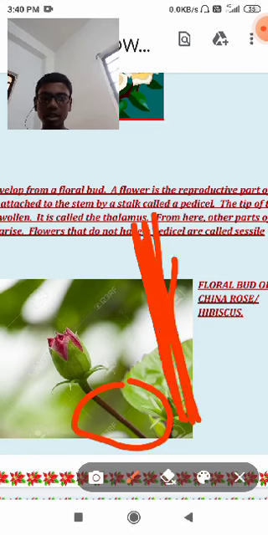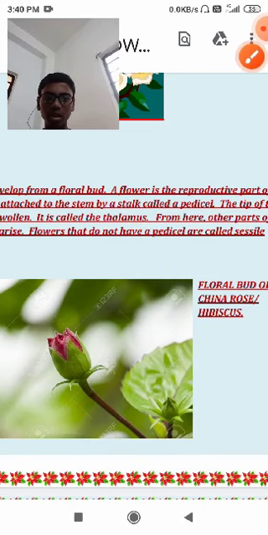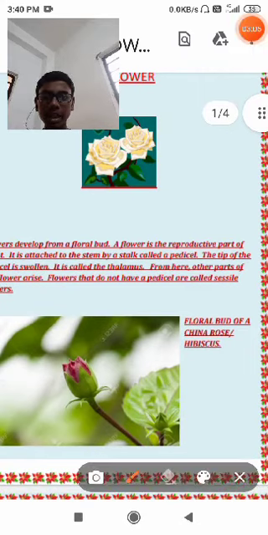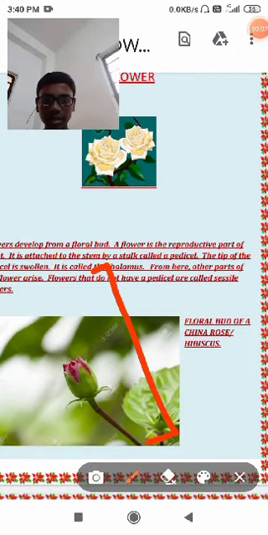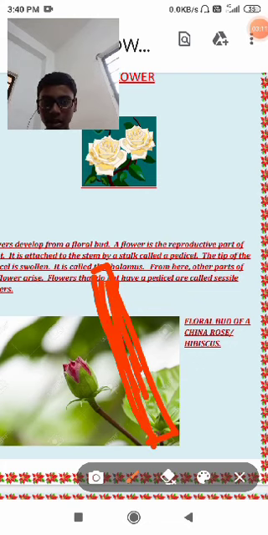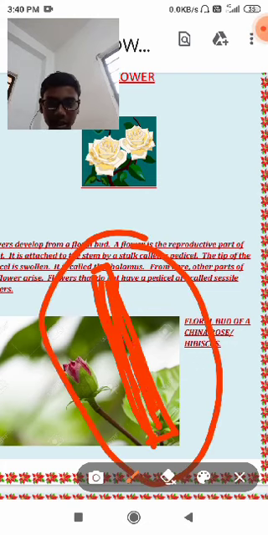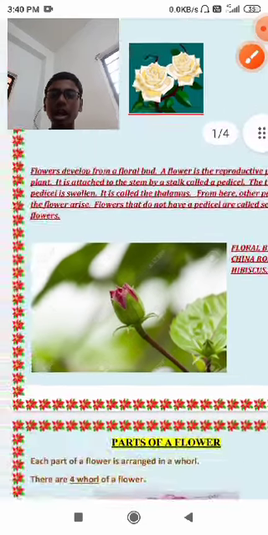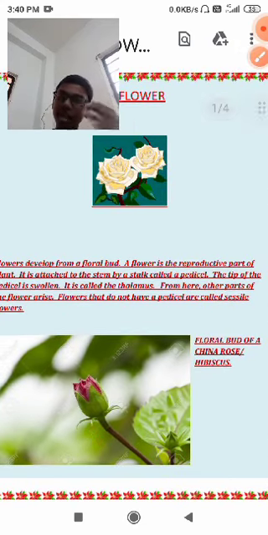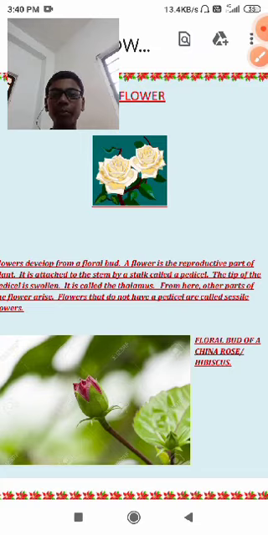This is known as the stalk. Not exactly like this, I am just telling you by example, something like this as I have drawn on the screen. So the flower is attached to the plant by it. It is a stalk type thing.